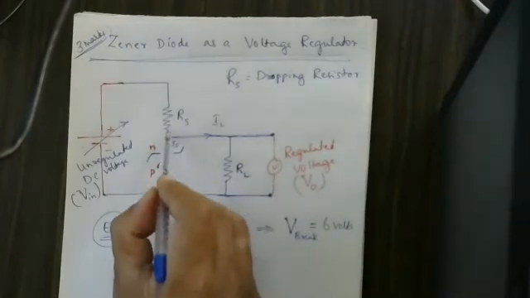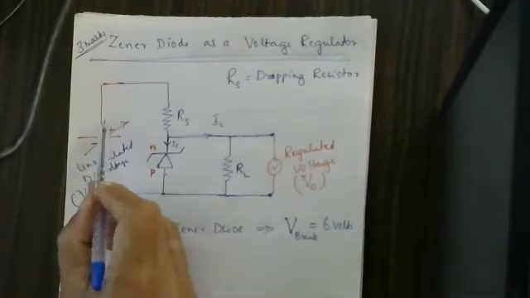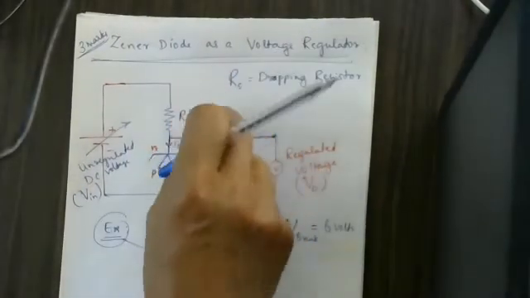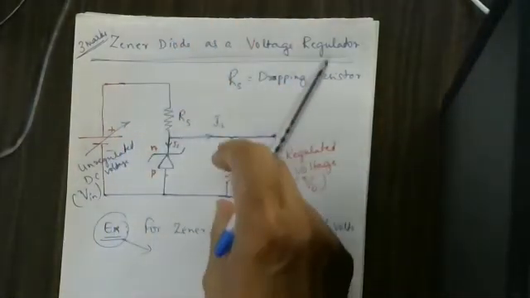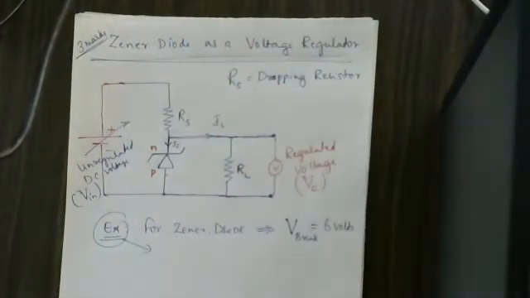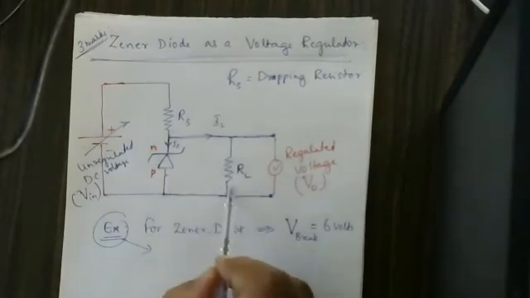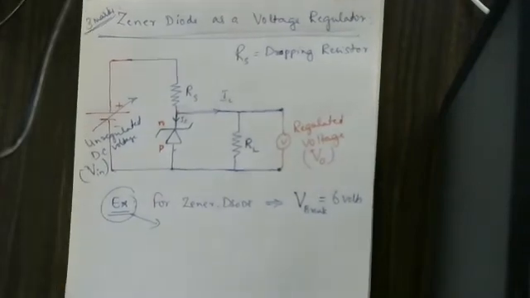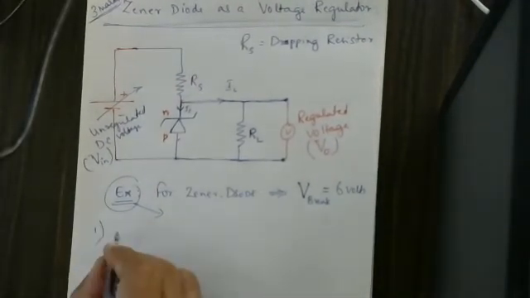Extra voltage is taken up by the RS. As you are increasing the voltage, across RS the voltages go on increasing, but across RL, voltage remains same. Because voltage across the Zener diode remains same, voltage across RL remains same. So I will write that point here, point number 1.